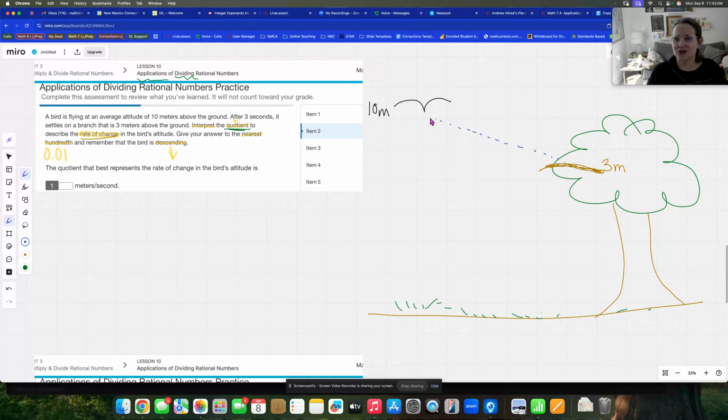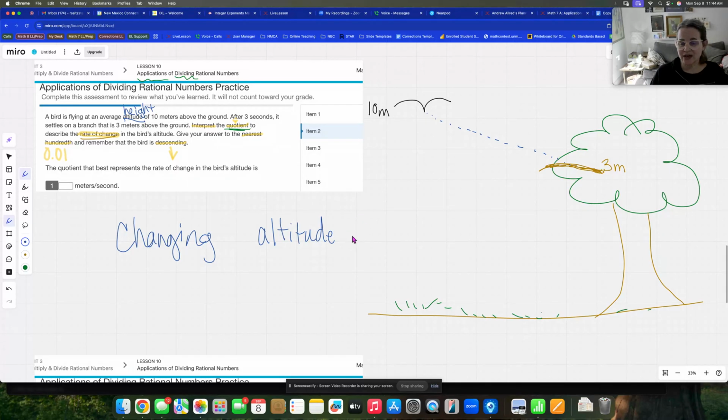So what is the rate of change? Well, what's changing here? There are 2 things that are changing. The altitude, that's the height. Altitude means height.